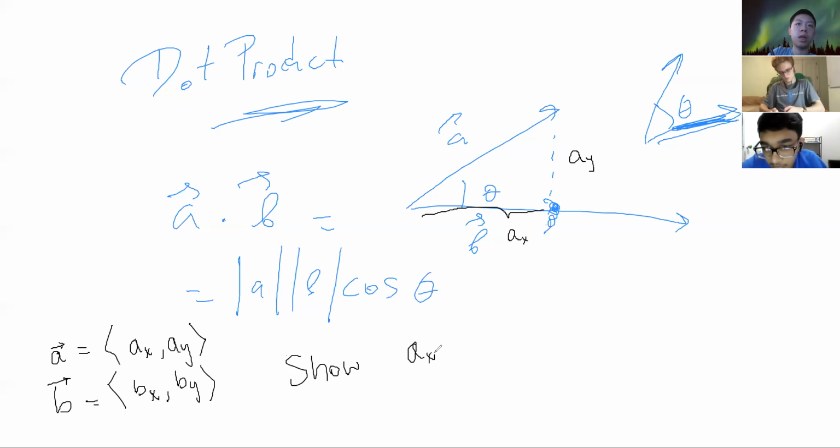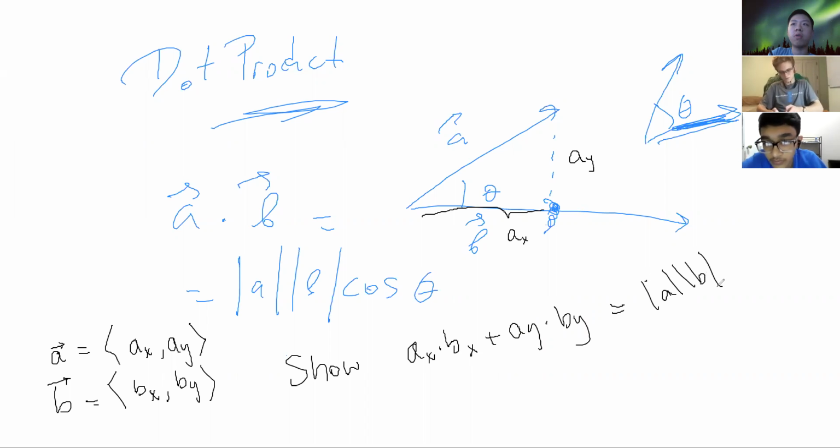So AX times BX plus AY times BY is equal to the magnitude of A times the magnitude of B times the cosine of the included angle.